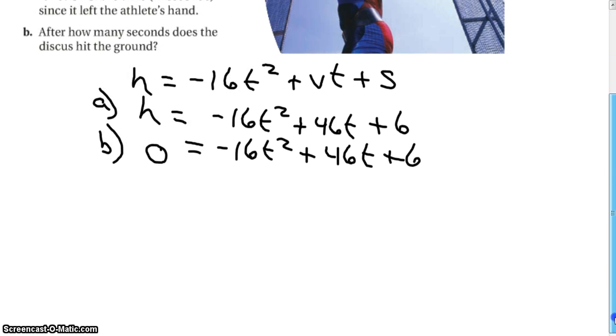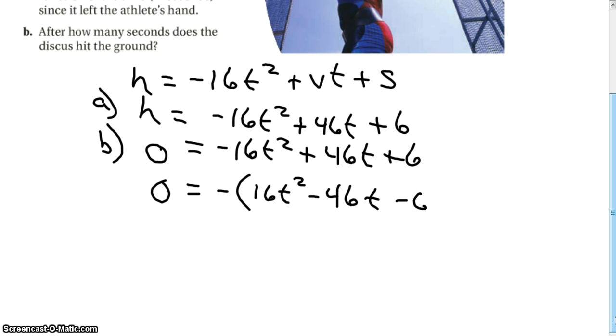Factor out the negative? Okay, so 0 equals negative times, give me what we have now as a trinomial. 16t squared minus 46t minus 6. Good. And so now we can factor the trinomial.